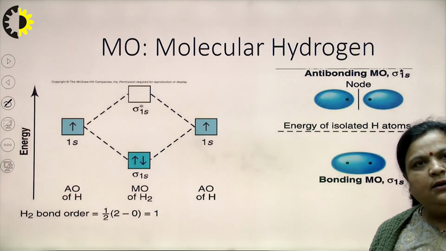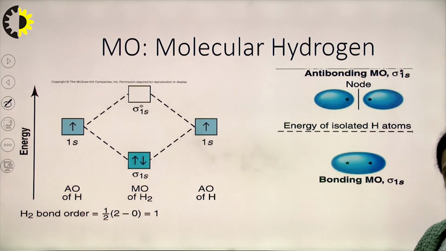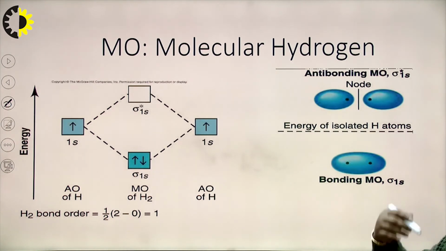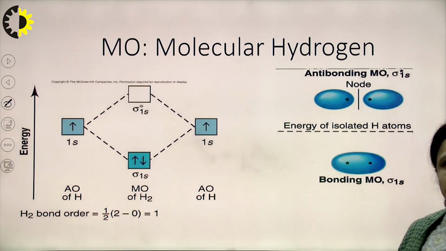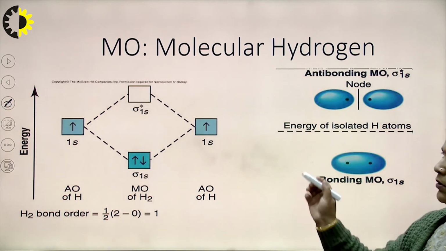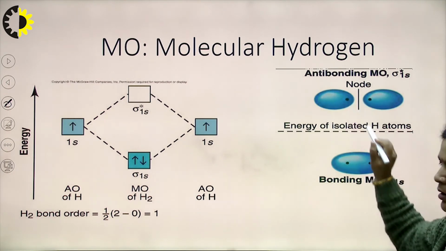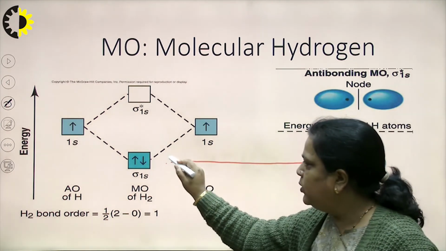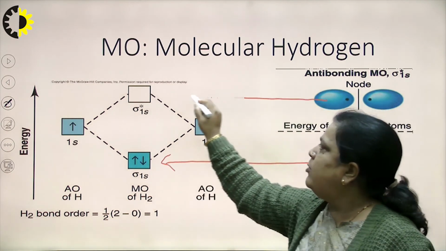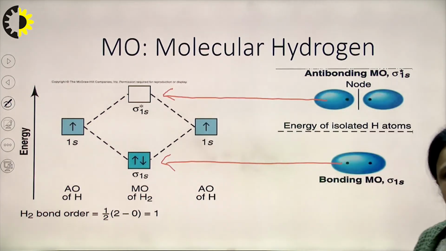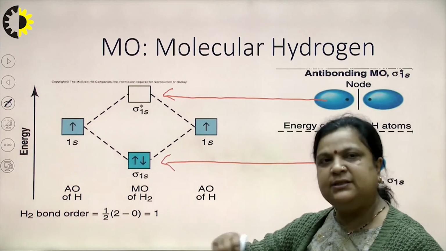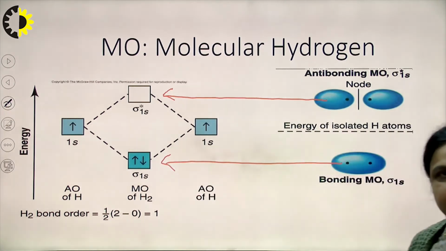After this we draw the diagram as well as the electronic configuration. Bonding leads towards stabilization, anti-bonding towards destabilization. How the electrons get filled we will discuss in the next lecture.